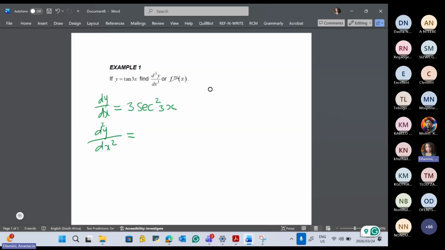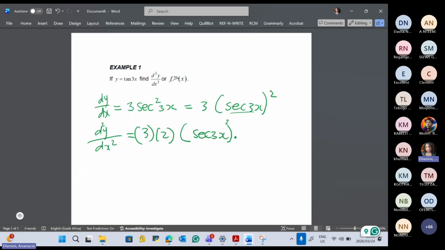So you're saying this can be written as 3 open bracket sec 3x squared. Isn't that what you're saying? Yes. So the chain rule says that you first differentiate what's inside, meaning you take this 2 multiplied by 3. So this becomes 2 times 3 times 2 times sec 3x times the derivative of the inner function, so it's 2 minus 1, isn't it?